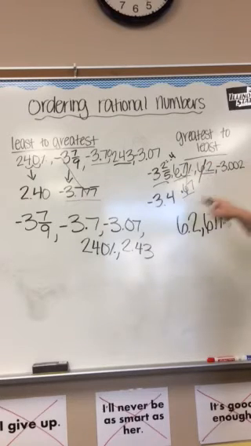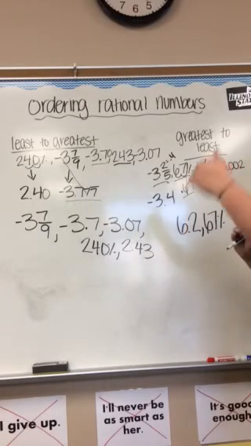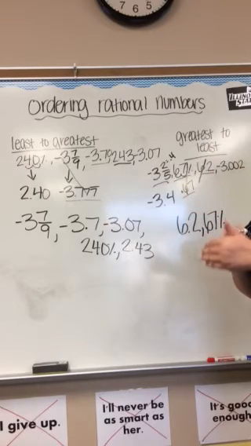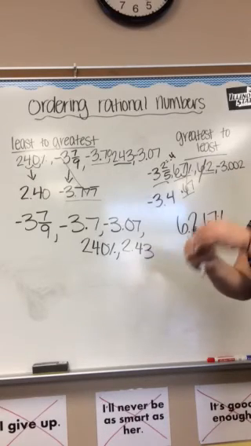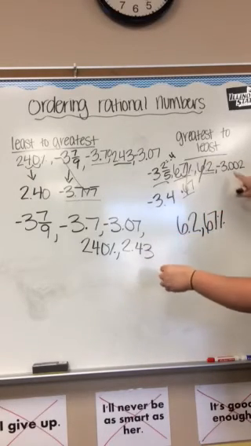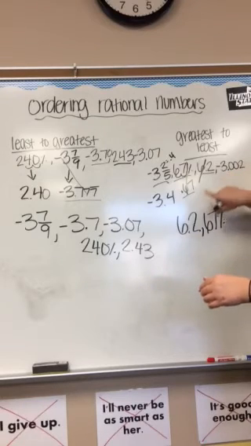Now I'm going to my negative numbers. So I have negative 3 and 4/10, negative 3 and 2/1000. I need to look at my decimal spots. I'm going to put my greatest number first, which is actually my smallest number as a positive. So what's going to be the closest to 0? The closest number to 0 is going to be this one.